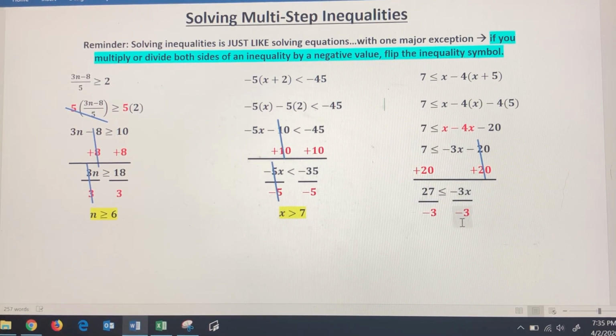I'm dividing by a negative, so the inequality symbol has to flip. 27 divided by negative 3 is negative 9, is greater than or equal to x. Remember, we always want to write our inequalities relative to the perspective of x. So I'm going to turn that around, and I'm going to say x is less than or equal to negative 9. So there's 3 really good examples for how to solve multi-step inequalities.